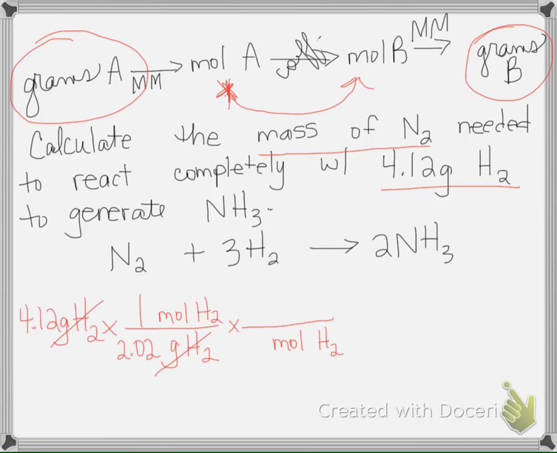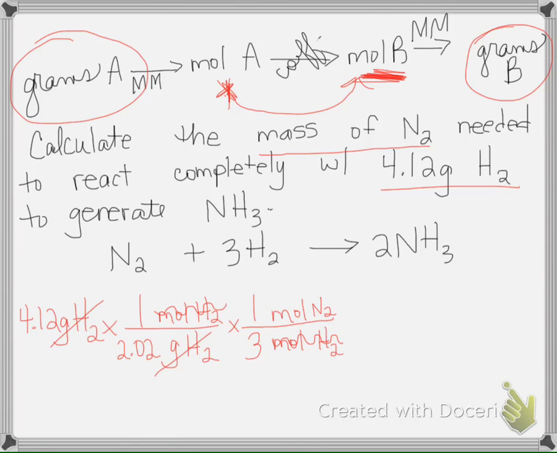Moles of nitrogen, because that's what the question's asking for. What numbers go there? 1 and 3. 1 on the top, 3 on the bottom, because this is the only step where I use my coefficients. So right here, moles of hydrogen cancels, and I'm sitting at this point of my flow chart.